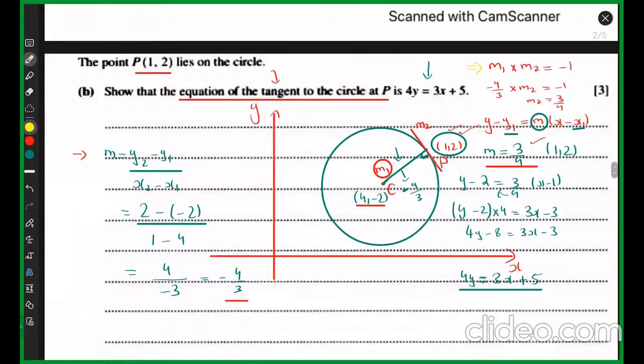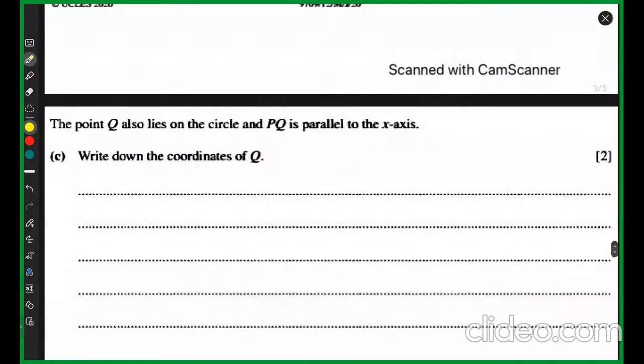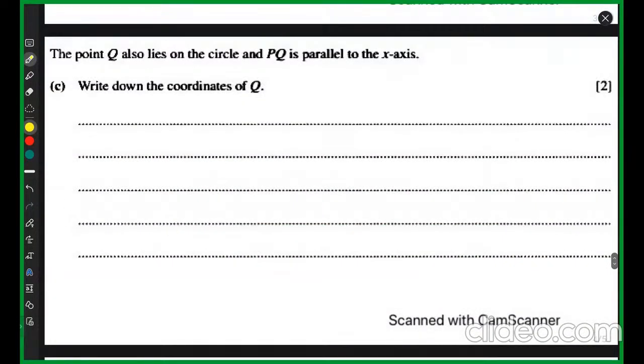Now it says the point Q also lies on the circle and PQ is parallel to the x-axis. Write down the coordinates of Q. Now I am just going to give you a rough idea about the situation. So let's say this is my y-axis.